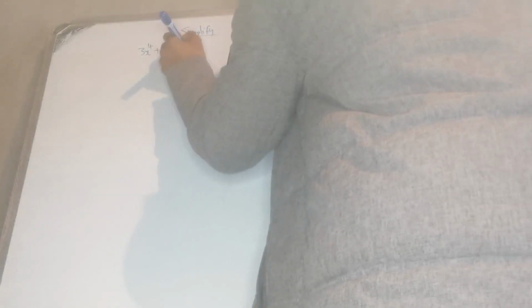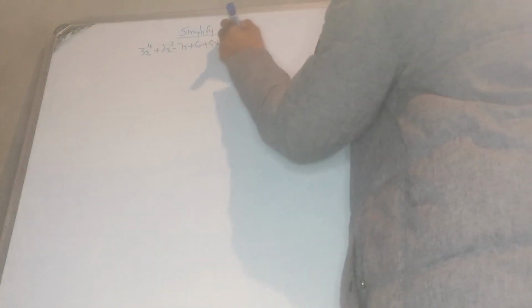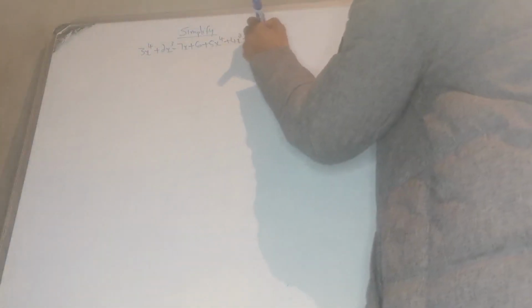Simplify 3x^4 plus 2x^3 minus 7x plus 6 plus 5x^4 plus 4x squared plus x minus 2.